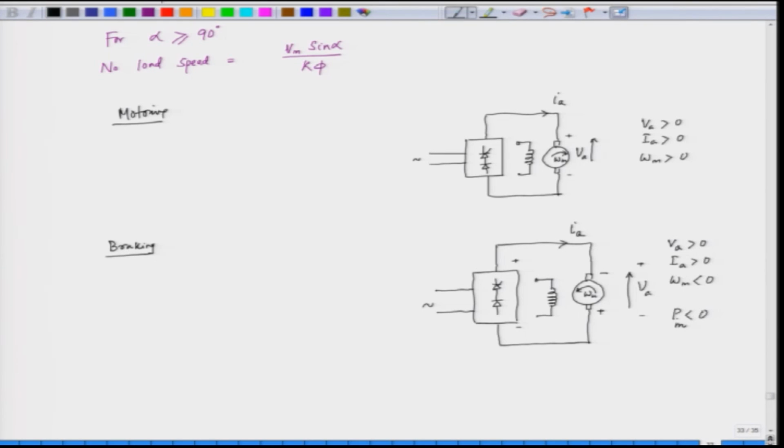The mechanical power is negative, P m is negative, because the torque is positive, but the speed is negative. Earlier we had torque positive and speed positive, but in this case we have torque positive, but speed is negative. The mechanical power is negative. In the earlier case the mechanical power is positive. So, this type of braking is called plugging, and this is the reverse plugging, because the speed has reversed.